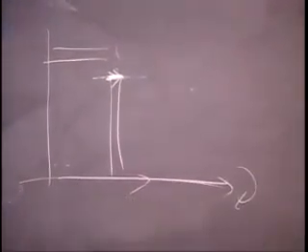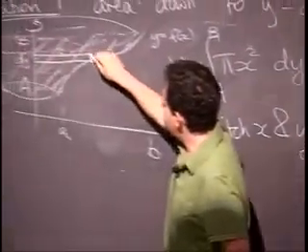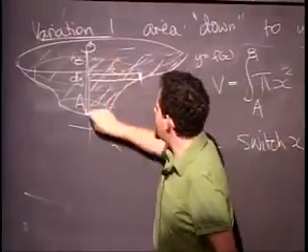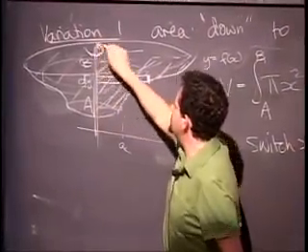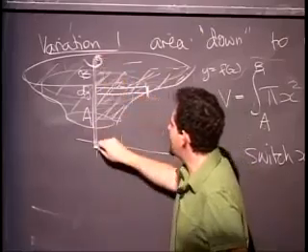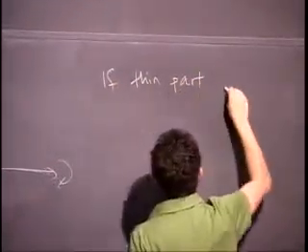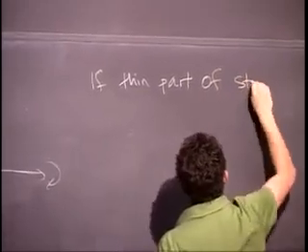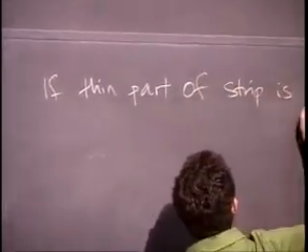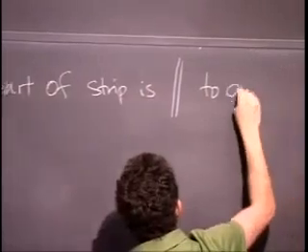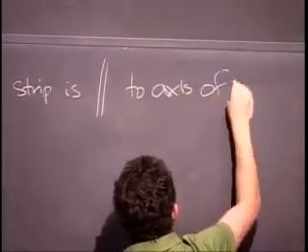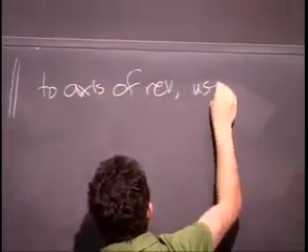And just as a reality check, in this picture over here, the thin part is vertical, as is the axis that we were revolving around, and so this is parallel to the axis. Disk method. So what I'm saying is, if you've chopped it up into strips, and the thin part of a strip is parallel to the axis of revolution, use disks.